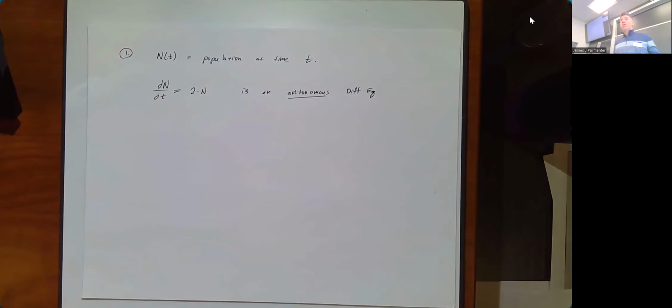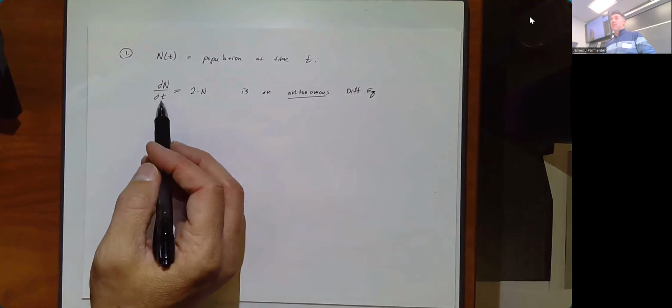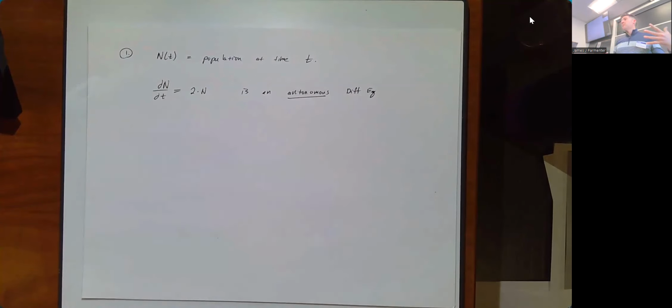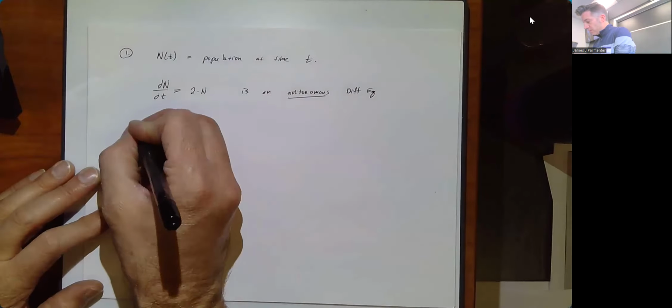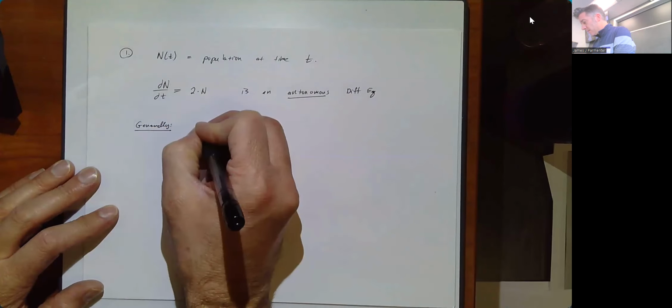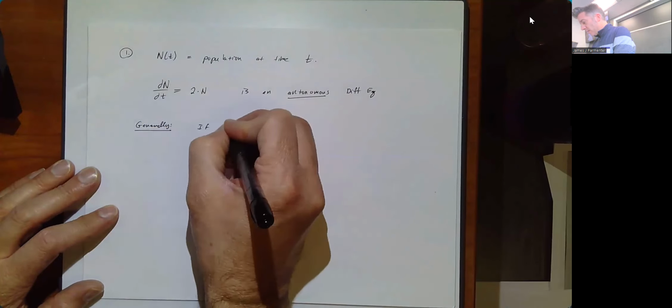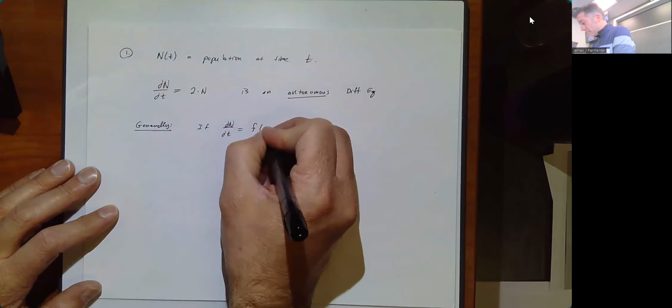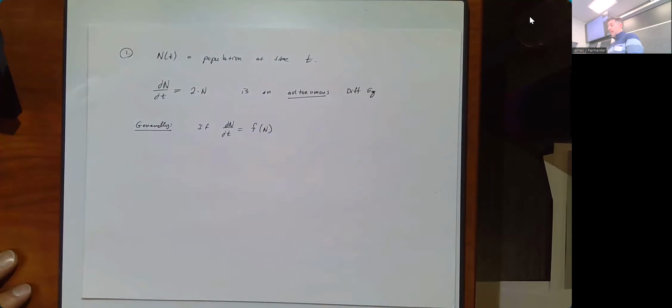There is no time variable in the equation other than the dt right there. More generally, if you have your derivative depending only on the dependent variable, that's autonomous.